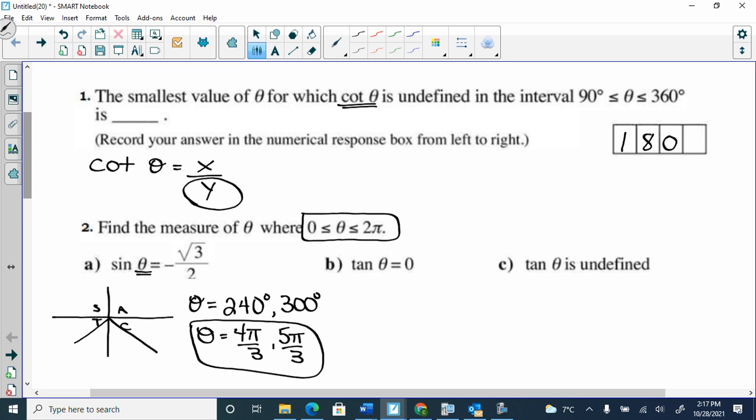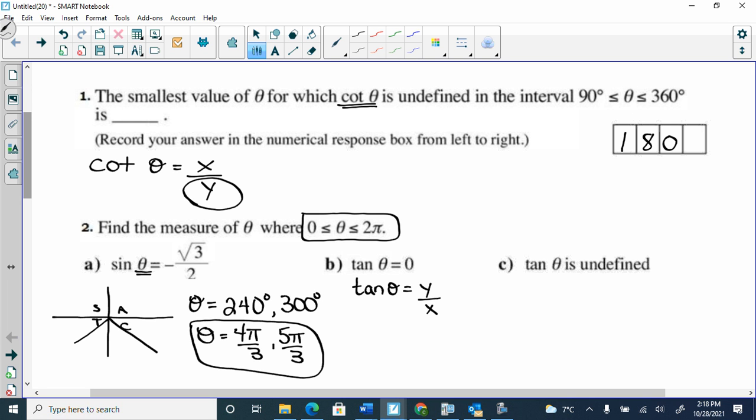Okay, tan theta equals 0. Now remember, tan theta equals 1's at 45s, right? Because that's where your x and y's are the same, at root 2's and root 2's. So 1's a negative, 1's at 45s. Tan theta equals 0s and undefined at the axes, right? Now in order for tan theta to be 0, tan theta is y over x.